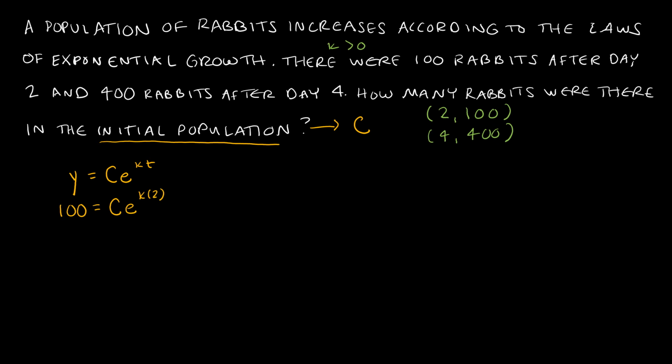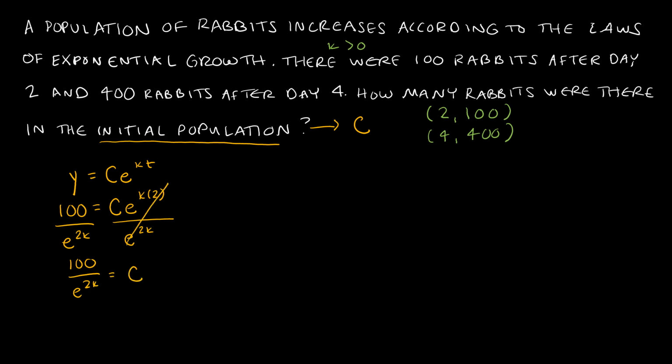And what you'll find here is we have 2 unknowns. We have c, which is unknown, and we have k, which is unknown. So for now, all I'm going to do is rewrite c in terms of k. So what that means is I'm going to divide each side by e to the 2k, which tells me that 100 over e to the 2k is equal to c.